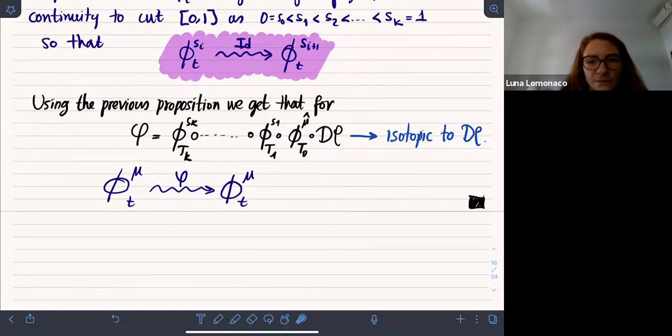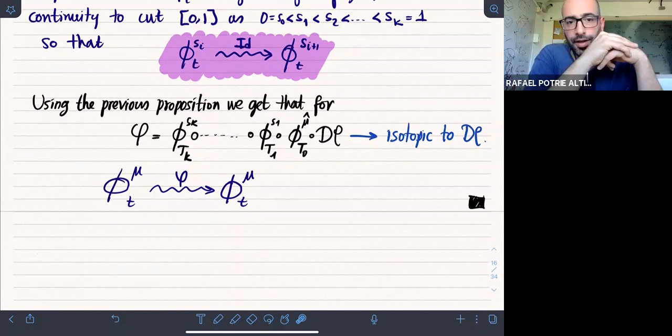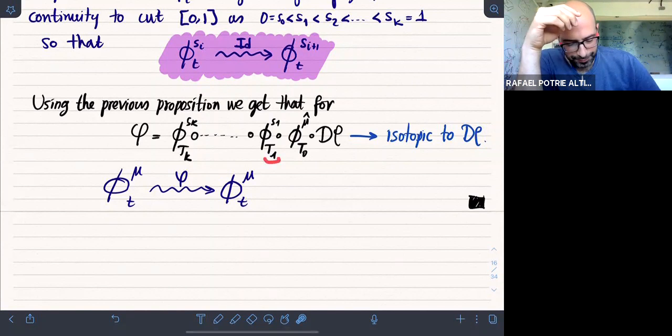So you use the geodesic flow to do the funny... Sorry, so you're using the geodesic flows with T really large in a way to be correcting. Yes, these are all different geodesic flows.